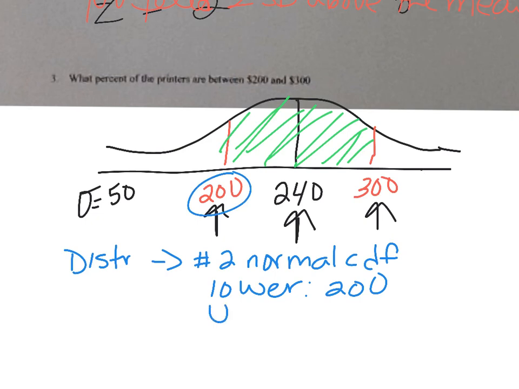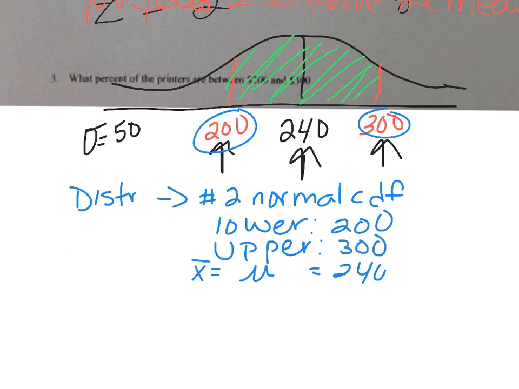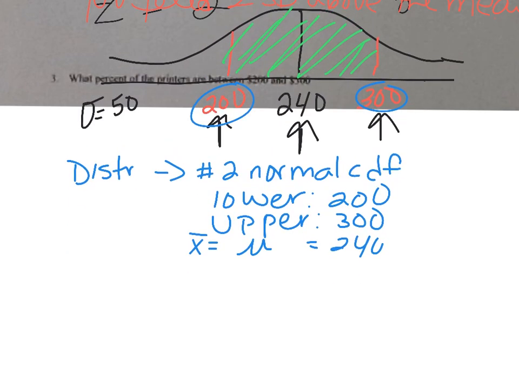Your upper will be 300. That's how high you want it to go. Your mu is your mean, and you're going to type in 240. And now you're going to type in your standard deviation. So that's this guy here, standard deviation is 50. So type in 50.